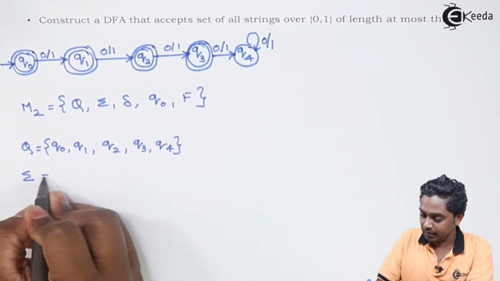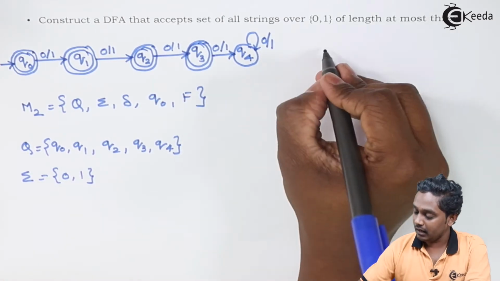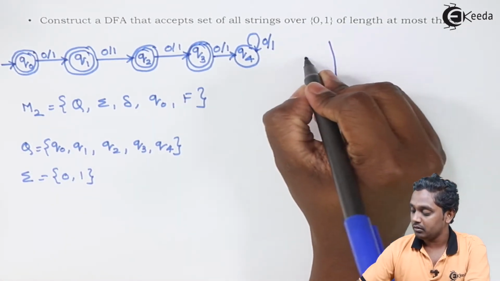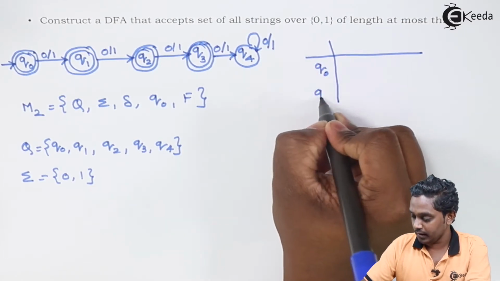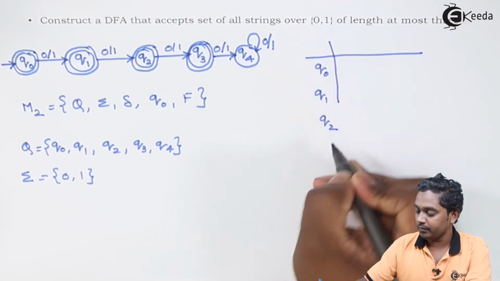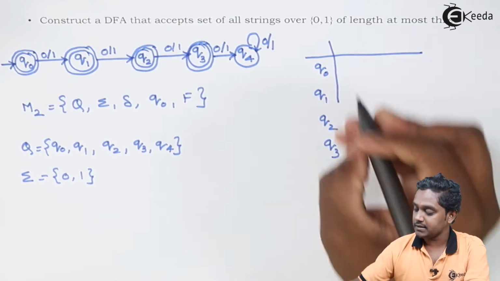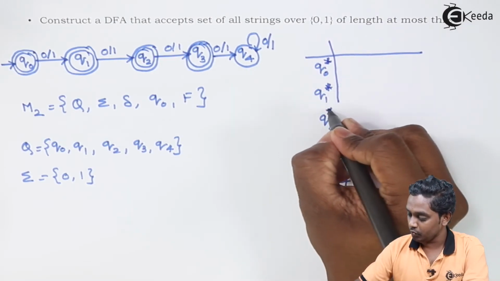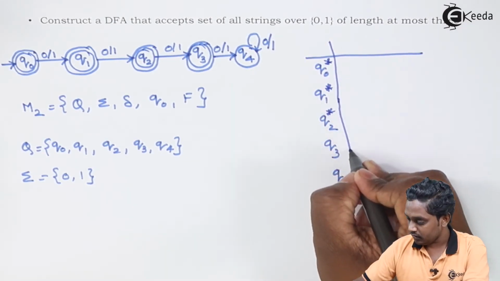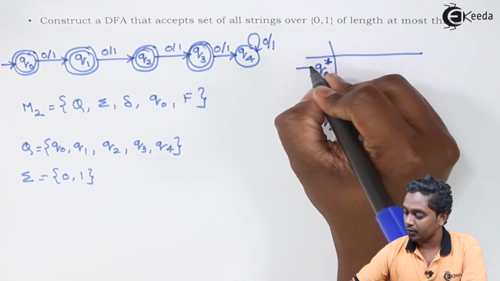Sigma is the alphabet, which is 0 and 1. Delta, let's draw the transition table. From Q0, Q1, Q2, Q3 and Q4. The final states are Q0, Q1, Q2 and Q3. The initial state is Q0.